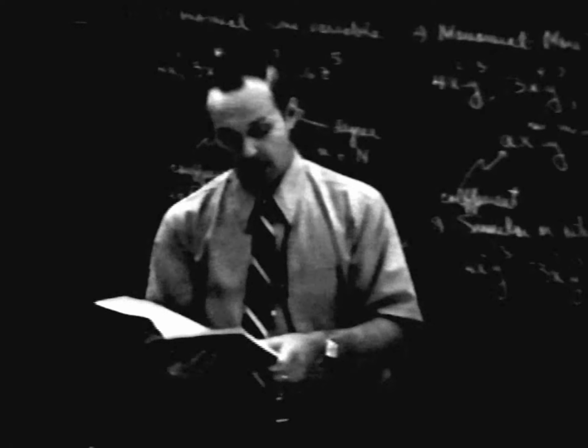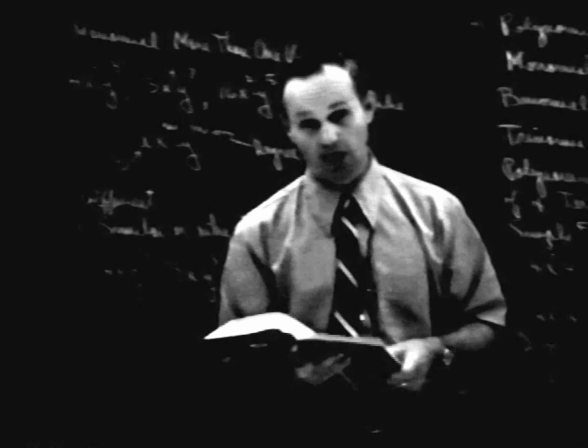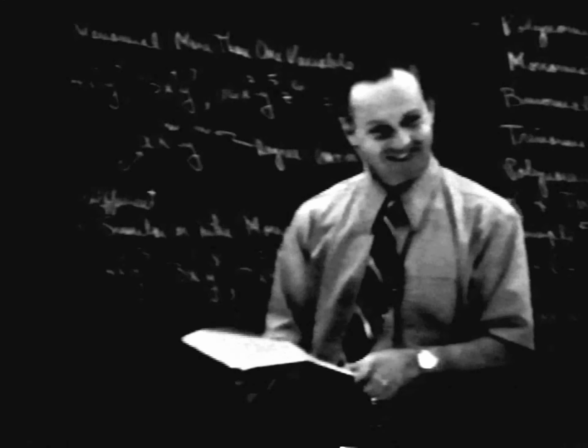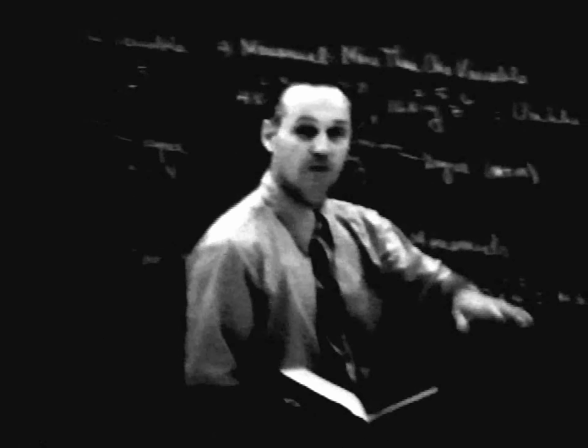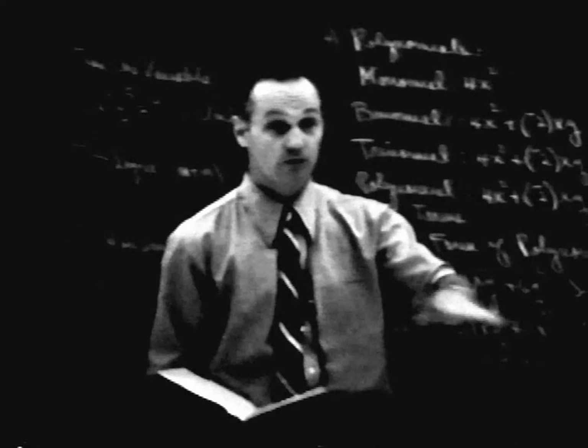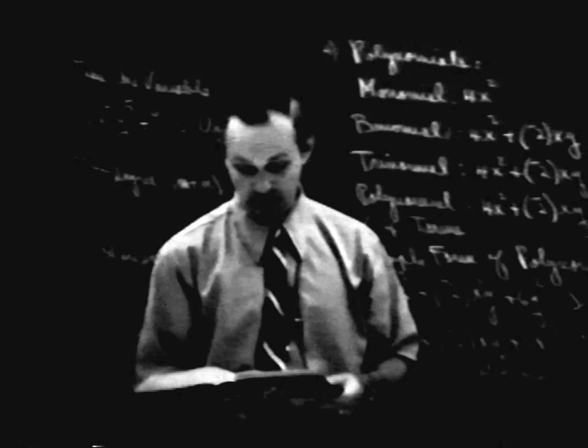So look at the example. The 3x squared y and the 2x squared y, you agree, are similar or like terms, so they put one underline there. And then the other two are also similar or like terms, and they put a wavy line. I don't care what kind of line you put under there, but whatever it is, have it the same for the like terms. Is it clear?